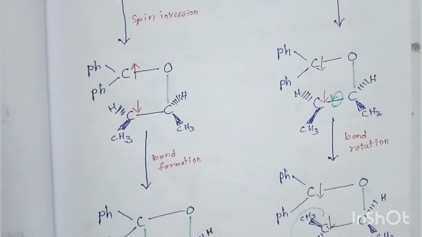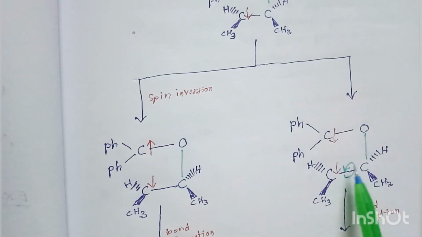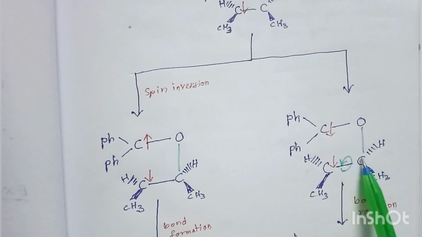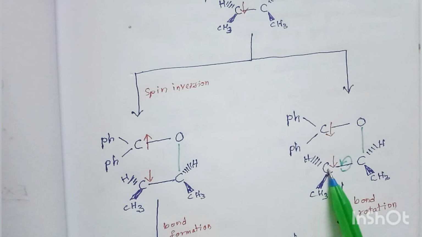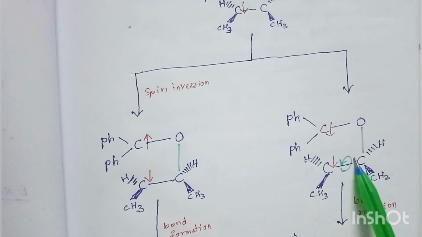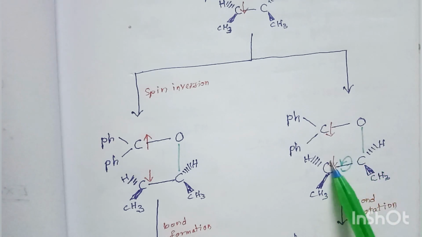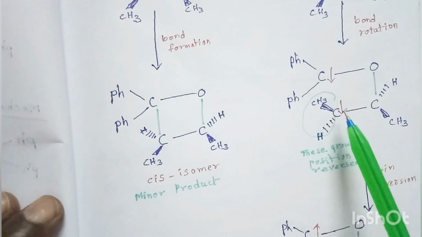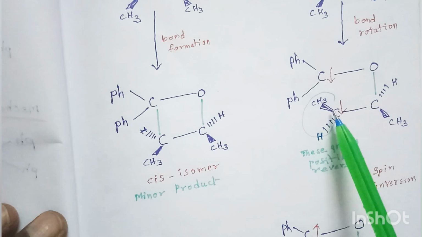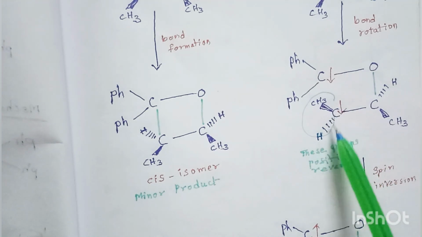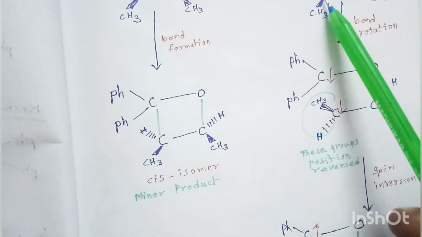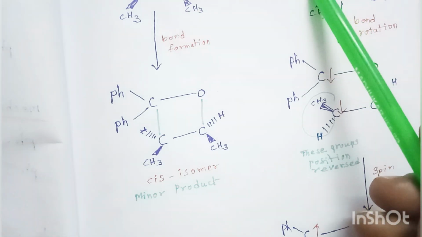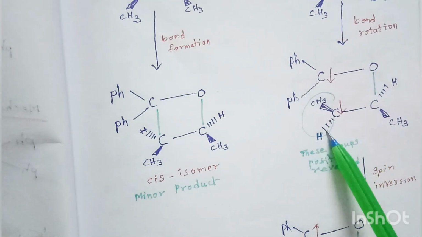In the second process, the bond between this carbon and this carbon will rotate, because it has become a single bond after breakage of the double bond. This single bond can rotate. Thereby the groups exchange places. CH3, which was on this side, has gone above and H has come down.